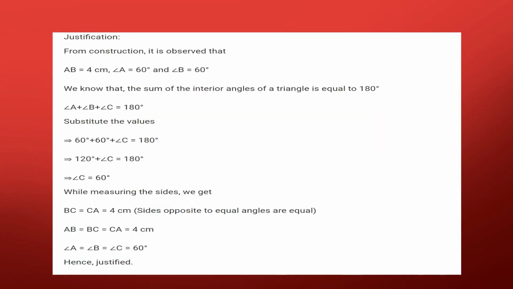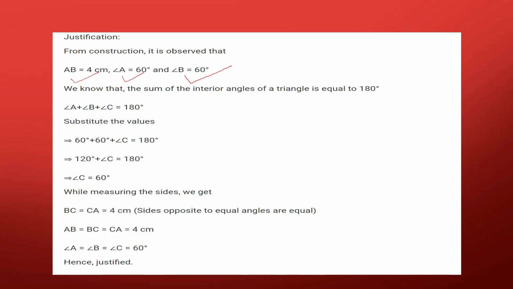In the next slide you see how to justify it. In the previous slide you saw how to construct the equilateral triangle. Now from the construction it is observed that AB equals 4, angle A equals 60 degrees, angle B equals 60 degrees.